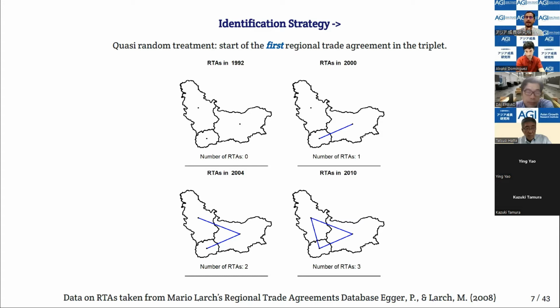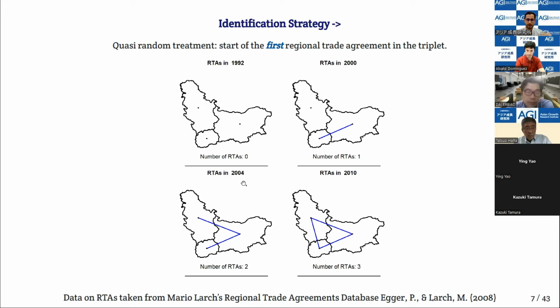Now, we're going to consider as the pre-treatment the period where there were no trade agreements, and as treatment the period in which there was only 1 trade agreement, meaning that pre-treatment, in this case, would be from 1992 to the year 1999, and treatment from the year 2000 to the year 2003.